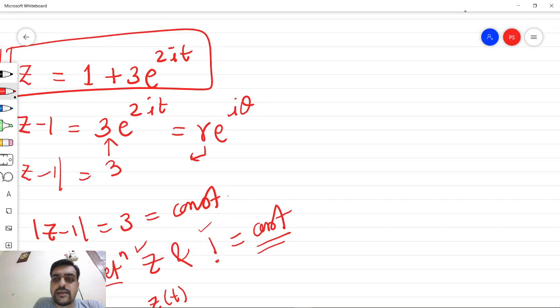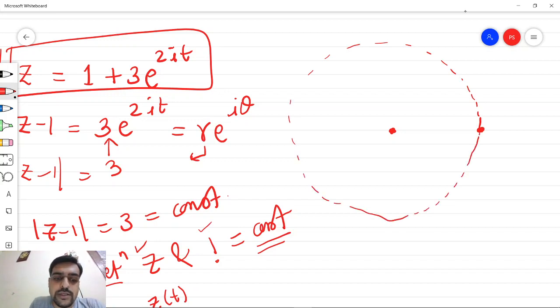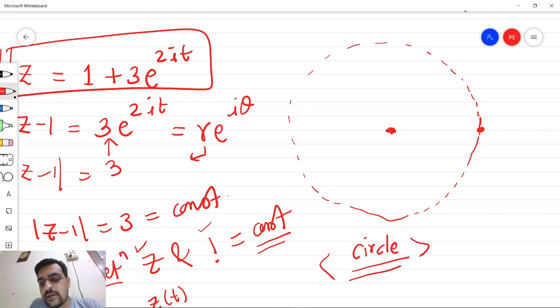So a particle might be performing a motion where it is traversing a trajectory by keeping a distance constant from a given point. So it is nothing but motion traversing a circular path.